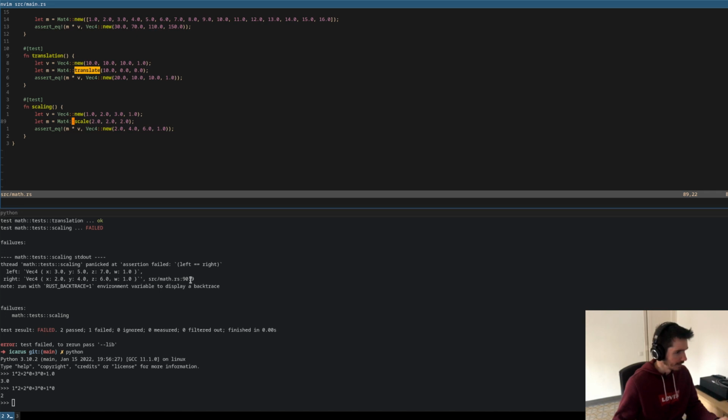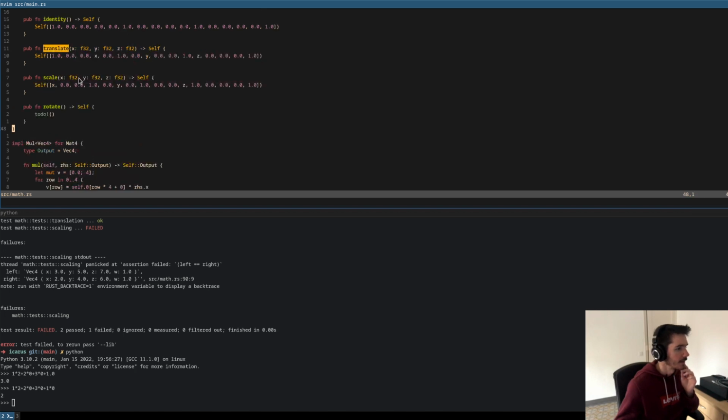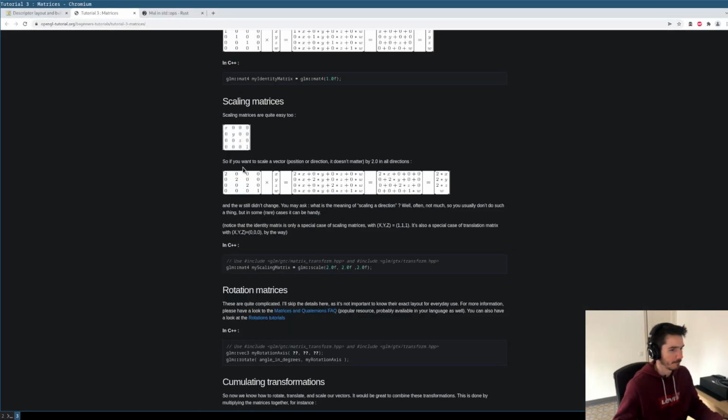We failed on the scaling test, right? Yes, line 90. Scale X, Y, Z. X. This shouldn't be a 1, it should be a 0. Right? Yeah, we just have a 1 on the last column.